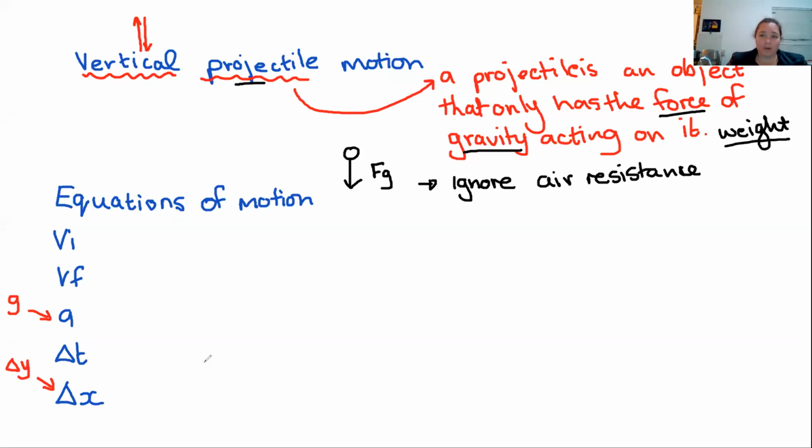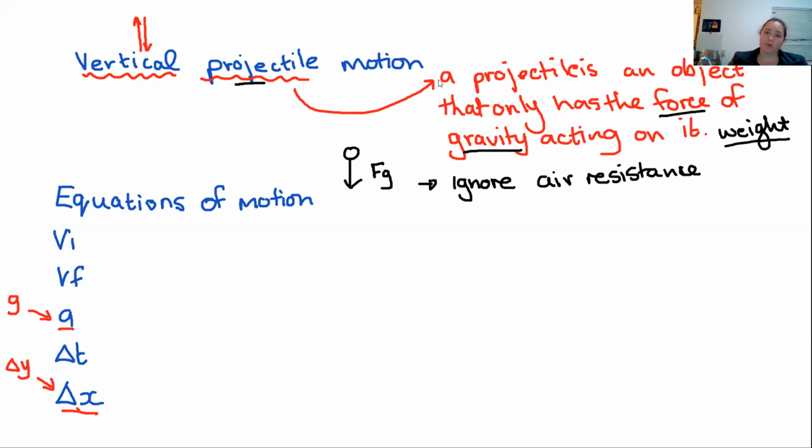But I'm telling you right now that we're not going to penalize you for using X instead of Y, or A instead of G. So I'm going to stick with the variables for motion, the ones that I've written in blue, and those are the ones that you can use.